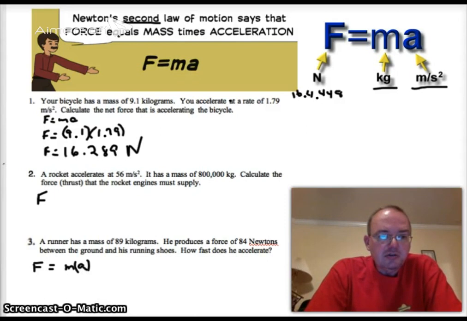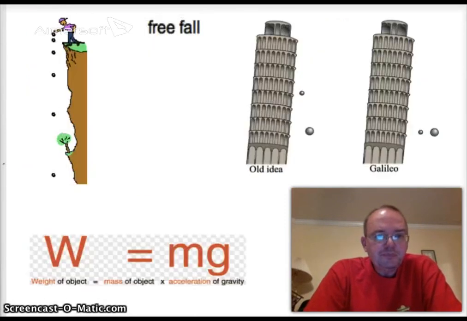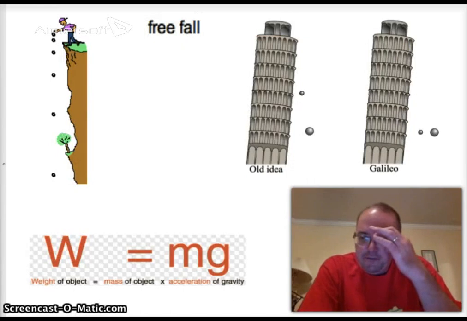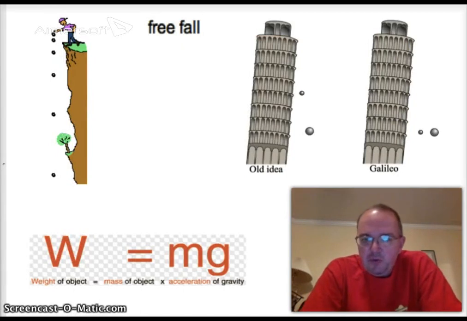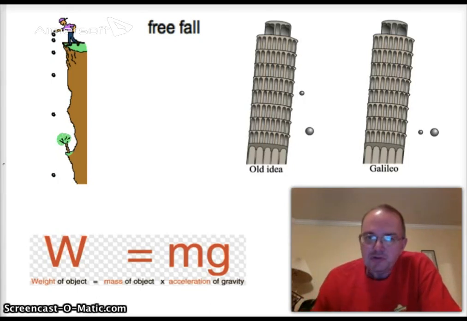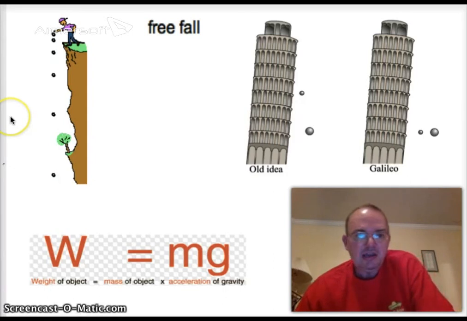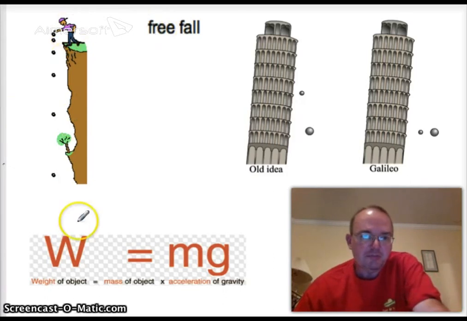Let's go to something called free fall. When the only force acting upon an object is gravity, the object is in free fall. Near the Earth's surface, gravity is 9.8 meters per second squared. Now that doesn't mean that if somebody drops a ball, it will travel 9.8 meters every second.